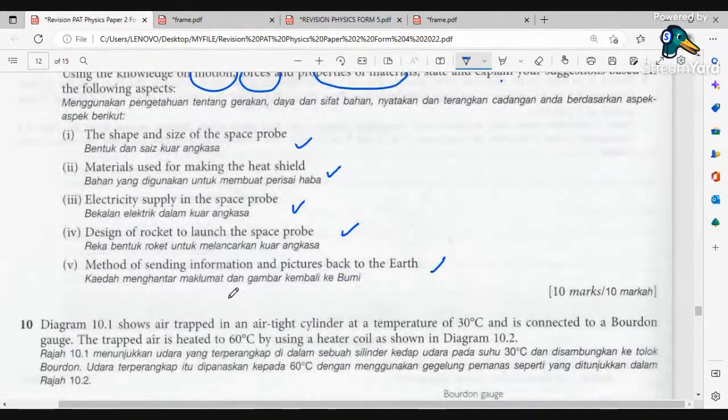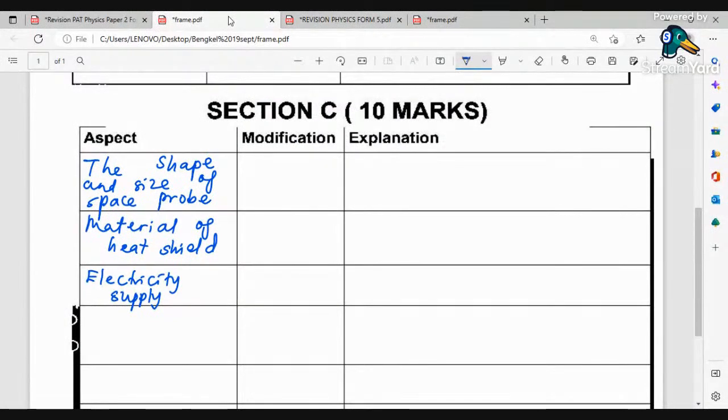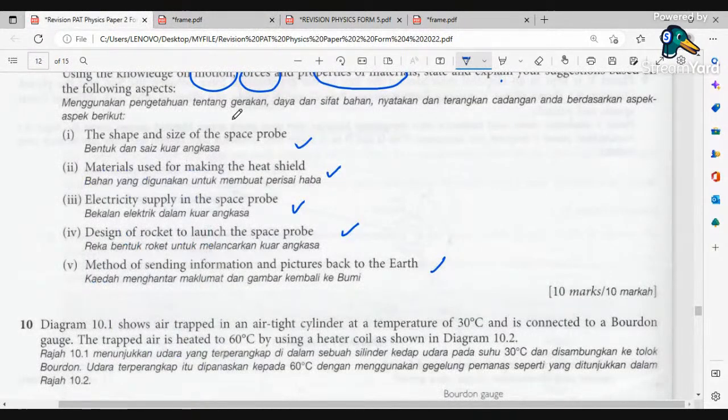Design of rocket. Design of rocket to launch the space probe. And then method of sending.